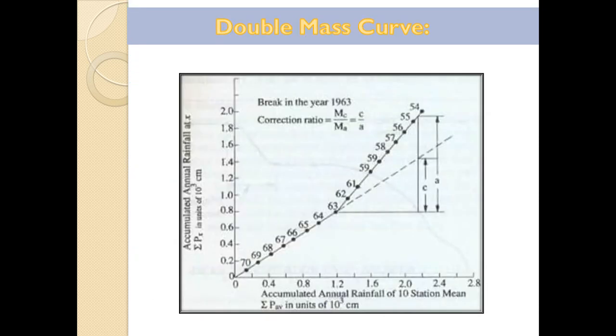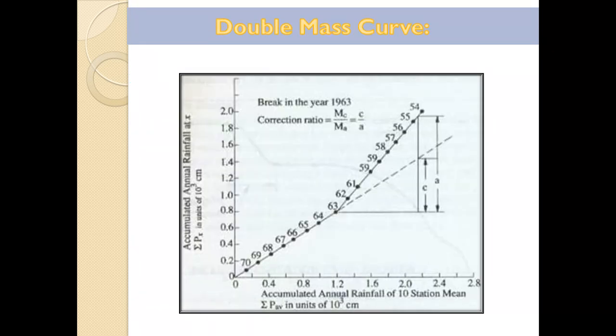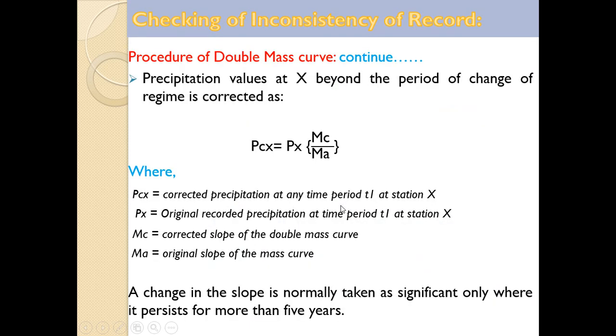What is the meaning? A plot of summation Px versus summation PAV for various consecutive time periods is prepared. A decided break in the slope of this plot indicates a change in the precipitation regime of station X. So this shows that beyond this period there is an inconsistency in the record of station X. Precipitation values at station X beyond the period of change of regime are corrected.